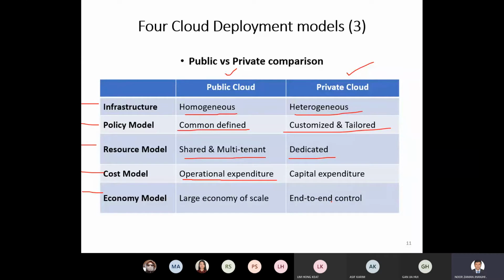But if it is a private one, the capital expenditure model will be there, meaning whoever owns it will be responsible for that. Then the economy model: a large economy of scale. The economy model will be at a large scale because public is available to anyone. But in this case, it will be end-to-end, and we will know how much it is, from where up to where.